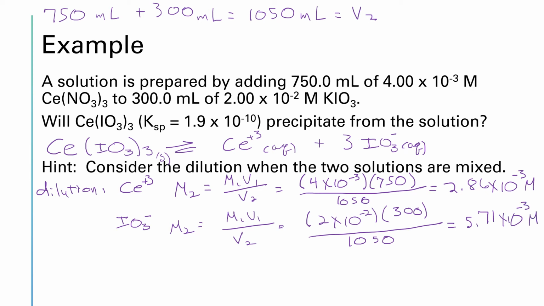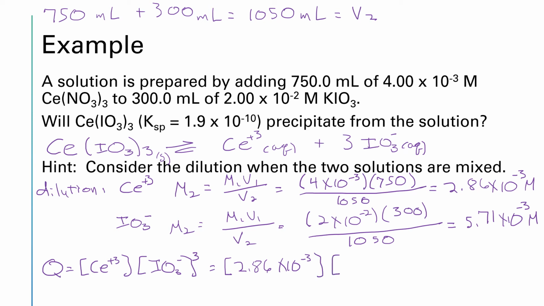All right, so let's plug this into our Q expression. Q will be cerium multiplied by iodate cubed. And so cerium is 2.86 times 10 to the negative 3 molar, and iodate is 5.71 times 10 to the negative 3 molar, but we've got to cube that one.